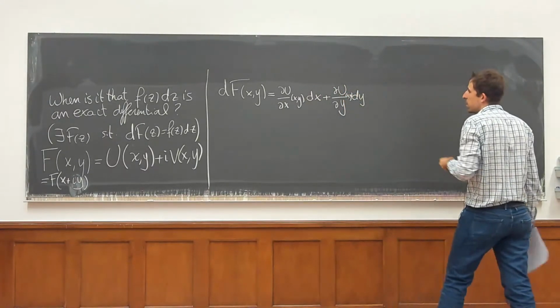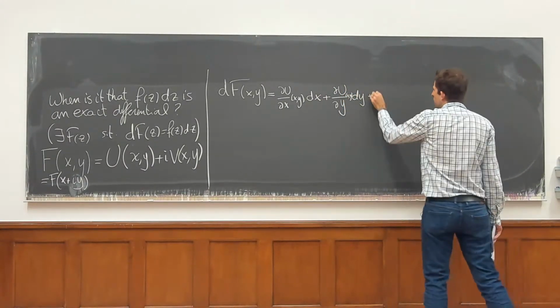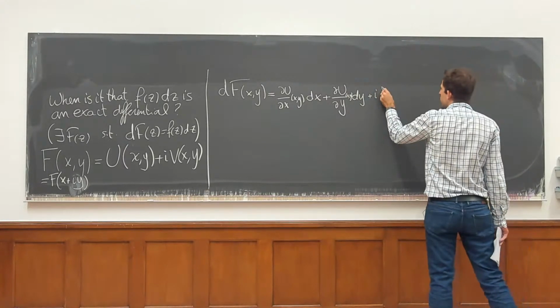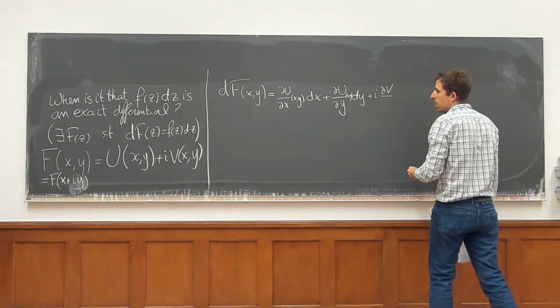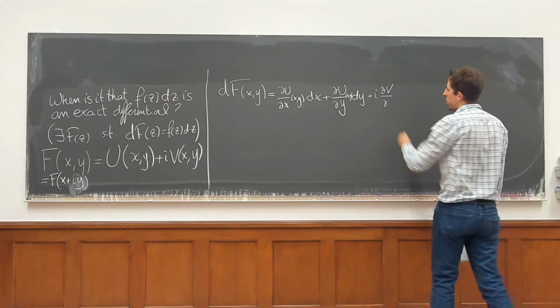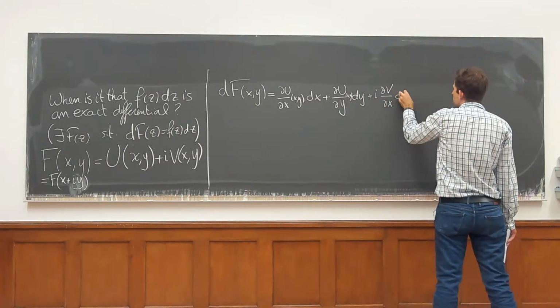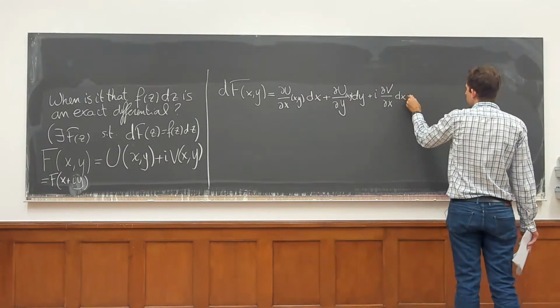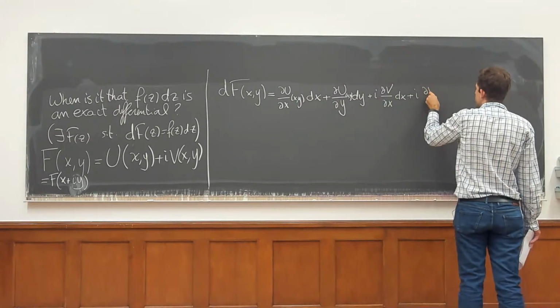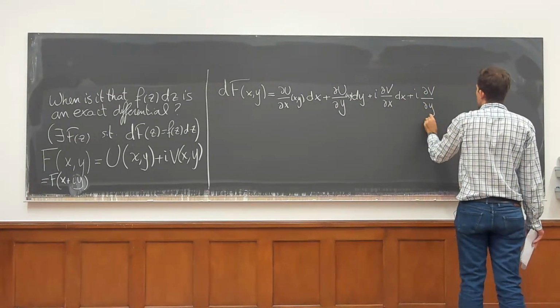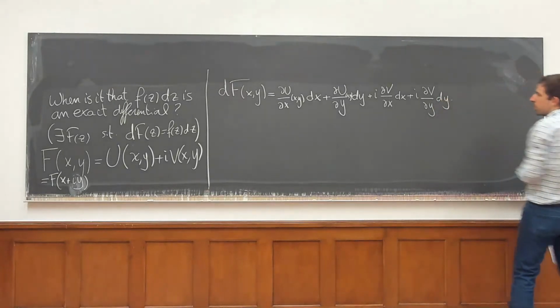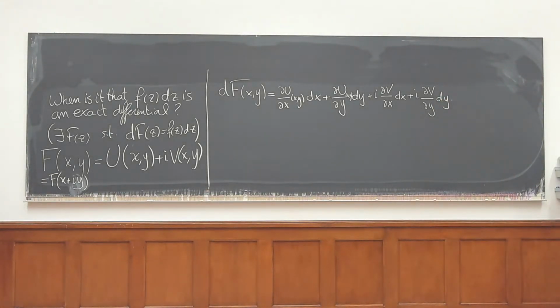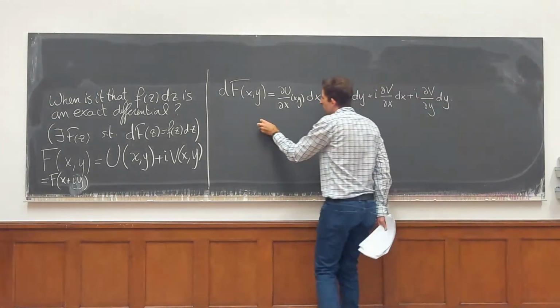Okay, it's just a lot more to write, plus i times the derivative of v with respect to x dx, plus i times the derivative of v with respect to y dy. So let's collect the dx and dy terms.